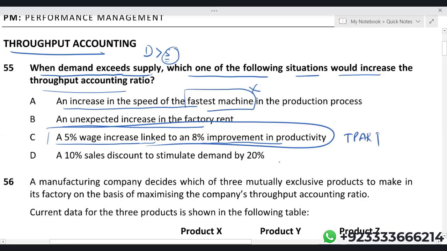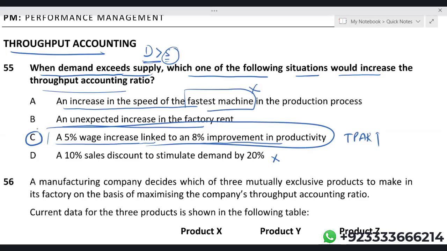A 10% discount to stimulate demand? No. Illogical. Why illogical? Try to understand, students. Already we are not able to meet the demand. Already demand is higher than supply, and the supply is less.